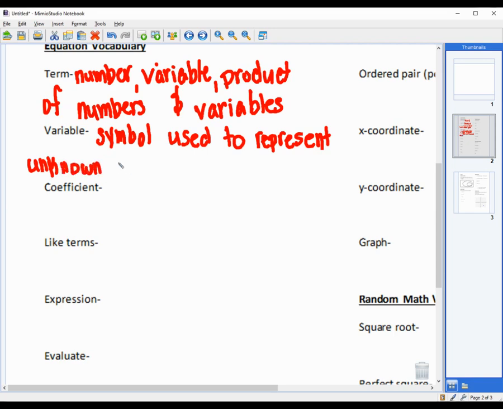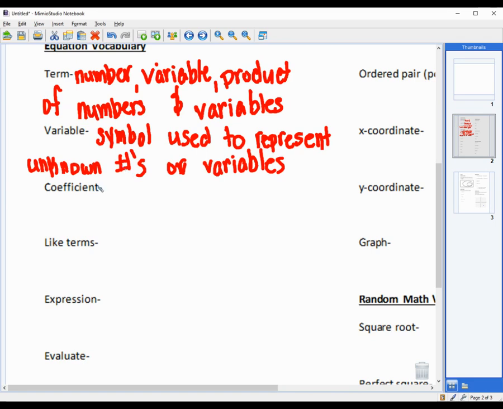I'm running out of room here, so I'm going to just abbreviate. All right, switch my pen up here a little bit. Hopefully that helps. Looking for a coefficient now.